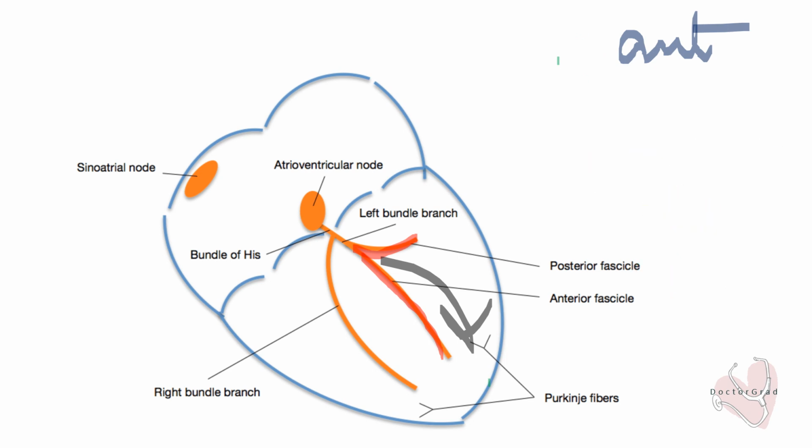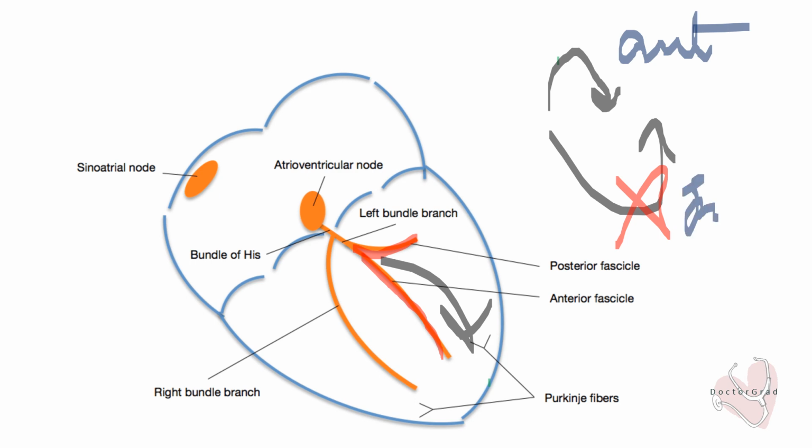Now we'll see what happens in posterior fascicular block. So this is anterior, this is posterior. Posterior fascicular block as such is very uncommon, but suppose there is a posterior fascicular block, what happens? This posterior side is getting blocked and it has to conduct through the anterior.